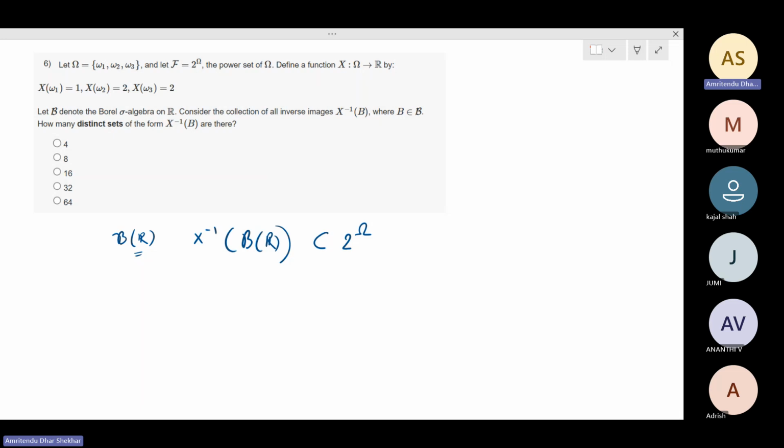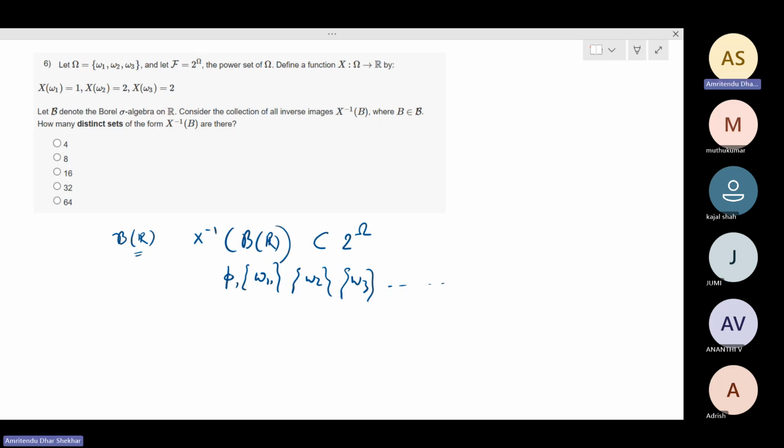So you have to basically consider the power set. The power set would be phi, omega 1, omega 2, omega 3, and so on. The power set has 8 elements in it.